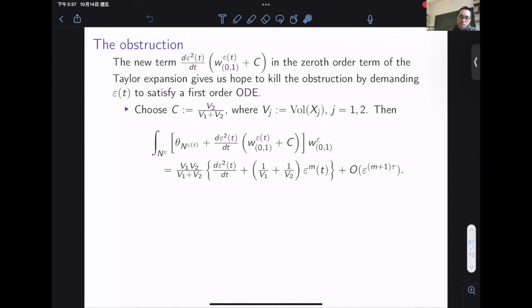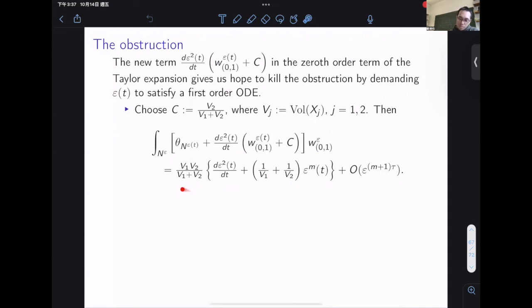So now let's choose this constant C to be this quantity, where V1 and V2 are the volumes of X1 and X2. So we project the zeroth order term in the Taylor expansion to the first eigenspace, and what we get is something like this, plus some smaller terms.